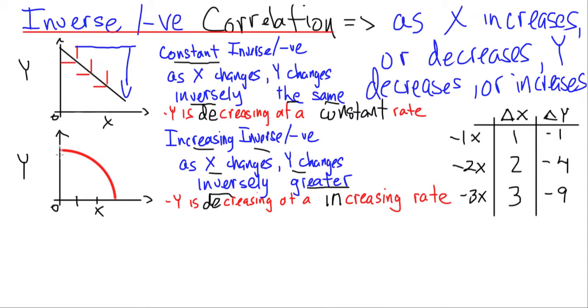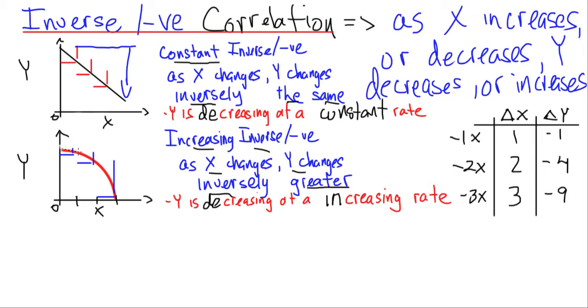First, x increases by 1, and we can make believe that y is decreasing by 1. It's not perfect on this graph, but you'll get the idea. Next, x increases by 1 again, but this time y decreases a greater amount. Last, x increases the same amount, but this time y decreases a much greater amount.